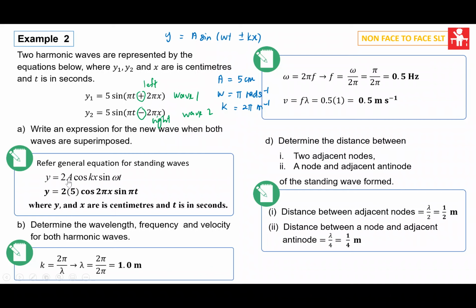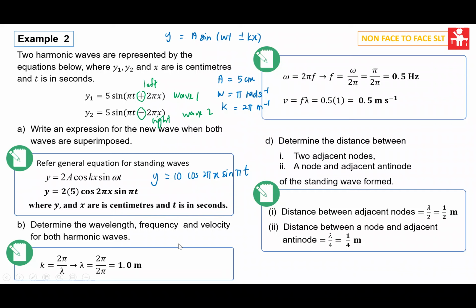So basically you just substitute in the values. Don't end up with the answer 2 times 5; write y equals 2A, which is 10. Then cos, copy back k, which is 2 pi x, and sin omega t, which is pi t. So that is your equation, but don't forget to define that y and x are in centimeter, because the question already states cm, so I can write it in cm, and t in seconds. You have to state this.